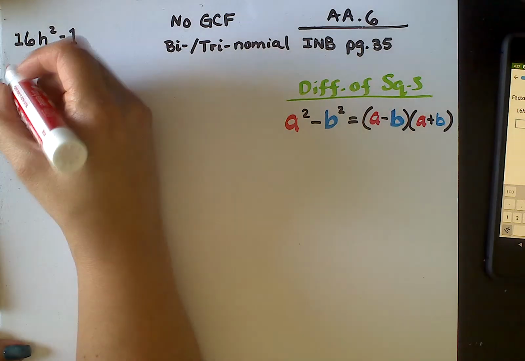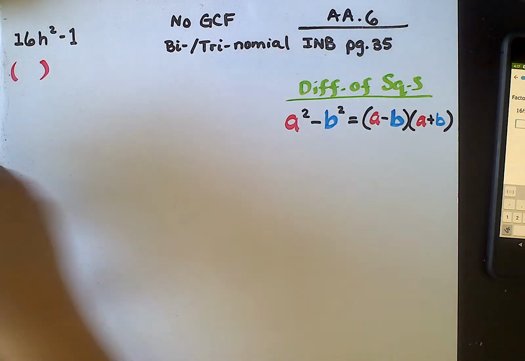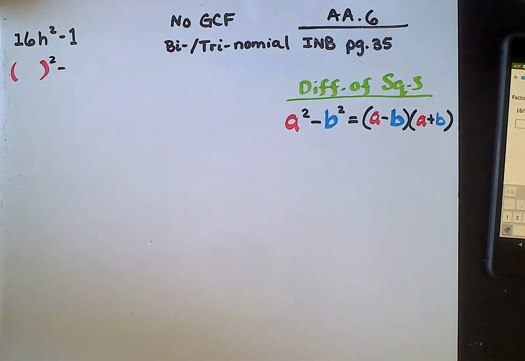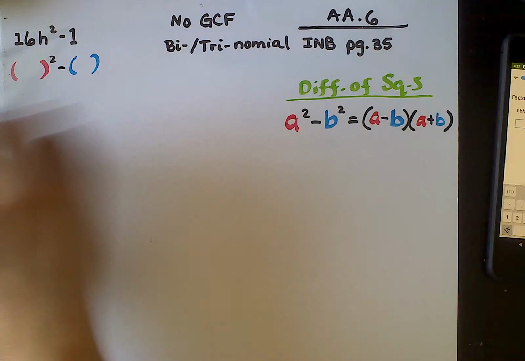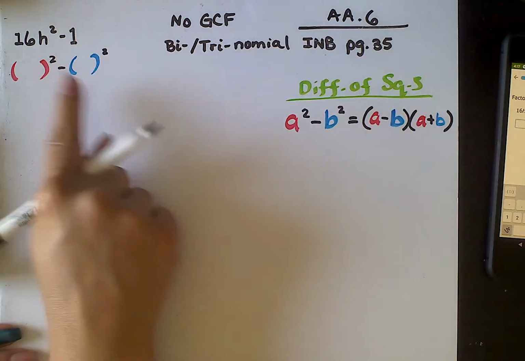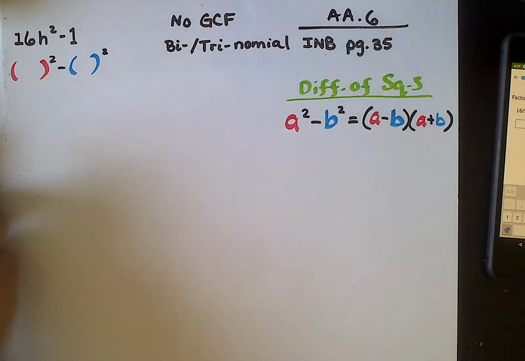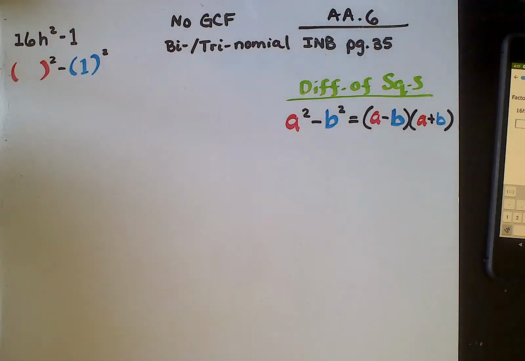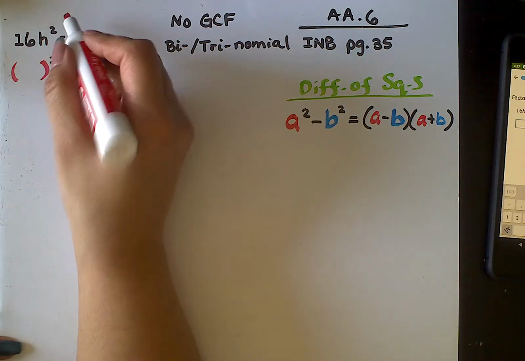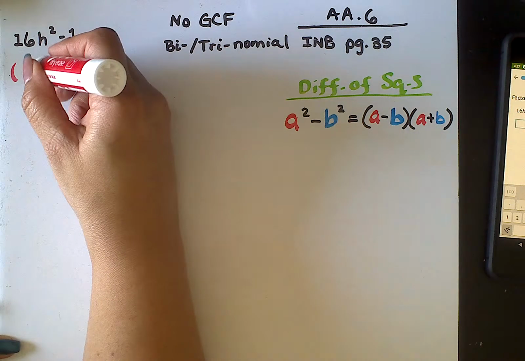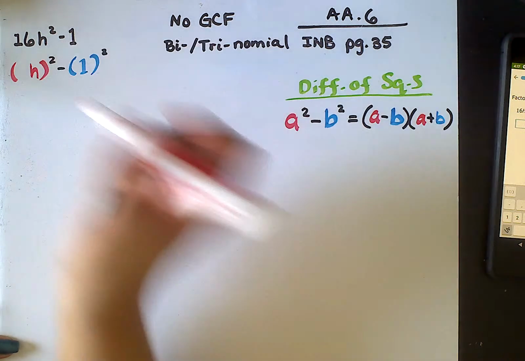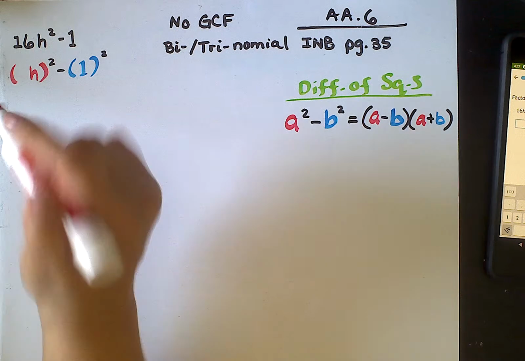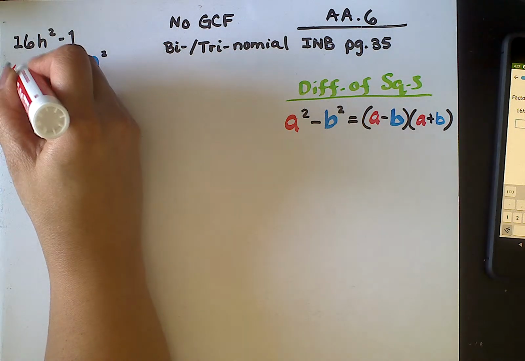Now, again, I want something squared minus something squared. This one is the easiest one to fill out because 1 times 1 is still 1. Now, h squared, there's going to be an h inside, but 16, you'll also find out on page 5 that 4 times 4 is 16.